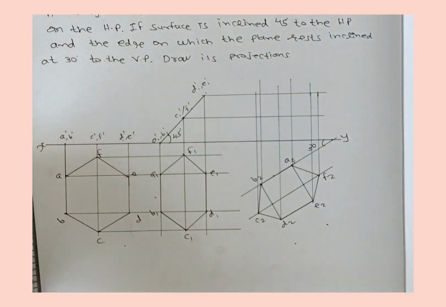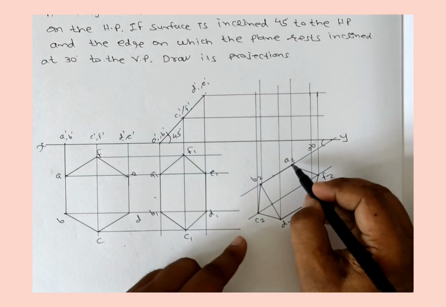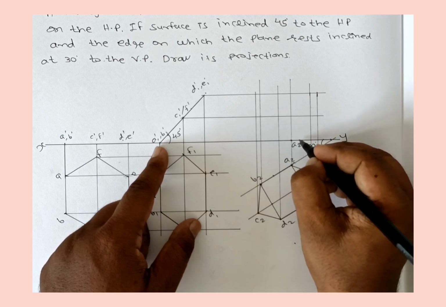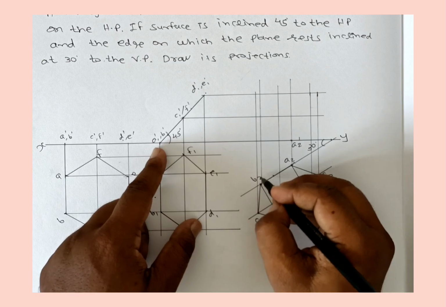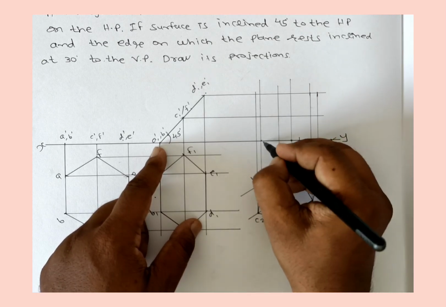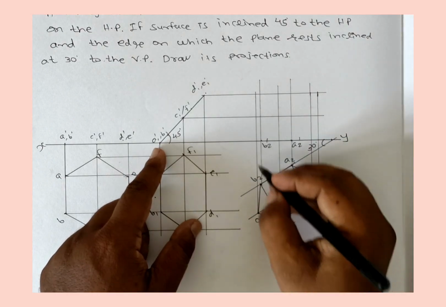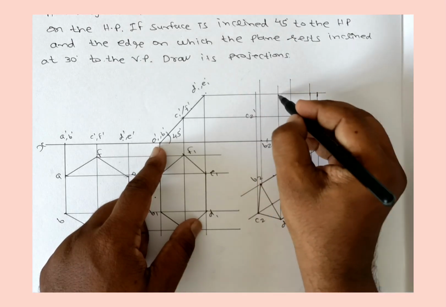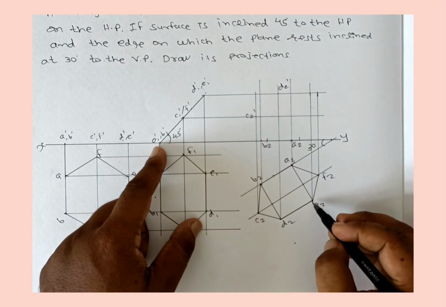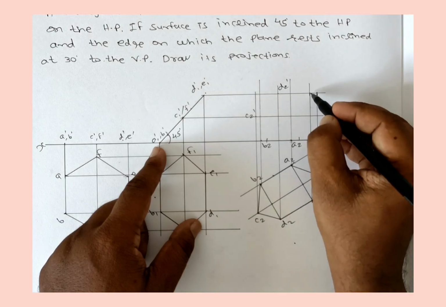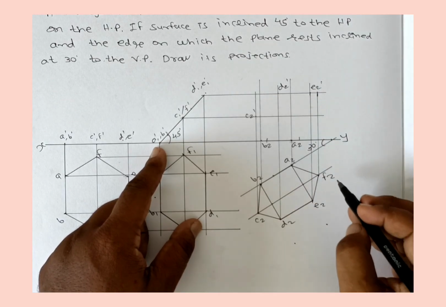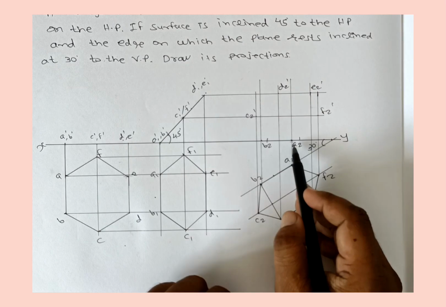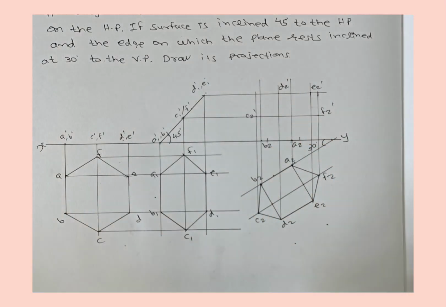Now students, here you have to check A to A intersection is this, so you can write down A2 dash. B to B, it is B2 dash. C to C, it is C2 dash. Then D to D, D2 dash. E to E, E2 dash. Then F to F, F2 dash. Here we can see A, B, C, D, E and F. You have to join this.